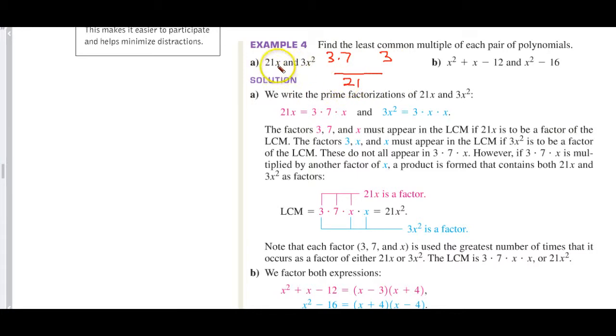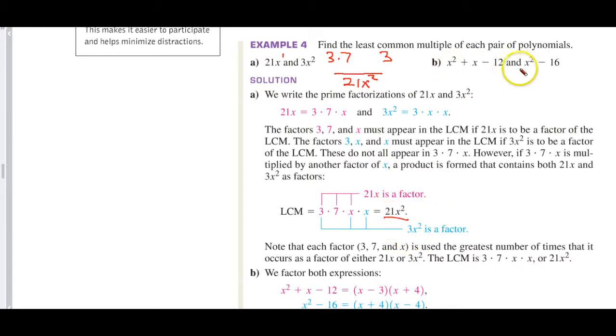And we have x to the first here, x to the second. So the greatest number of times that x to the second is used is x to the second. So our common denominator then would be 21 x to the second.